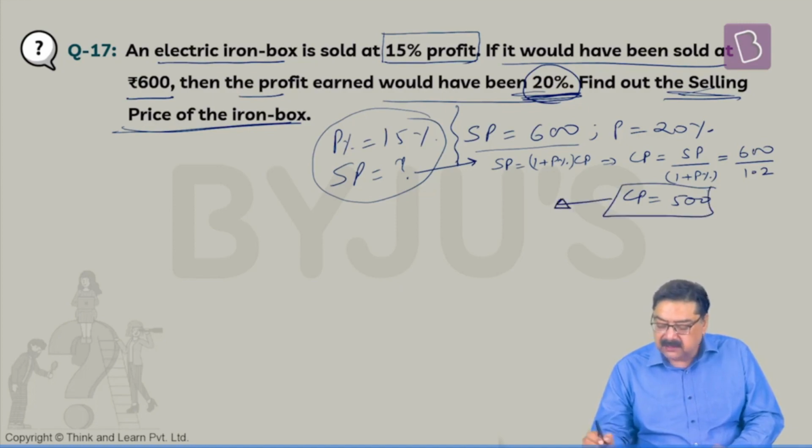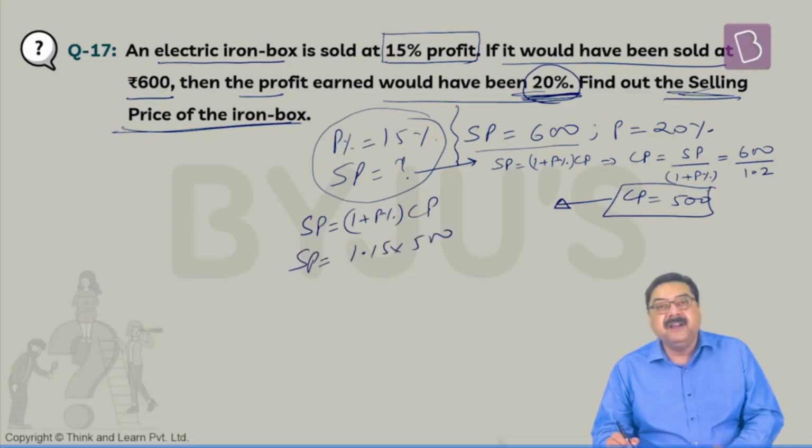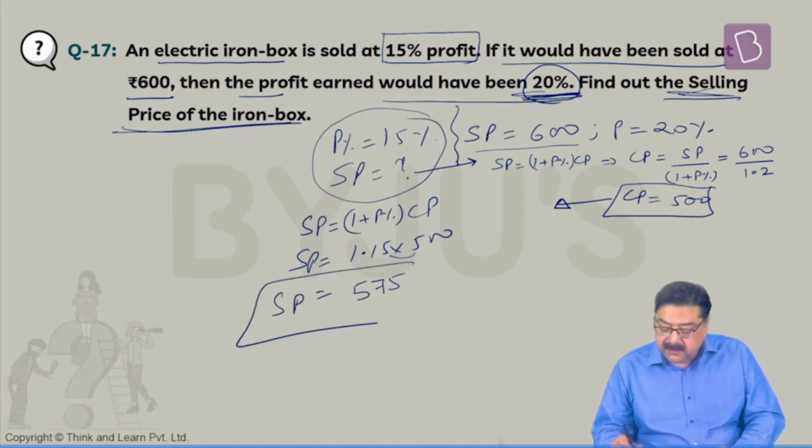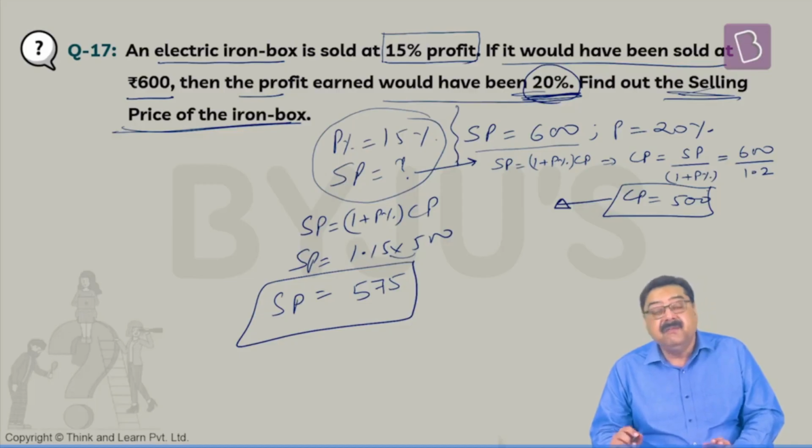Now let us use here. Selling price is 1 plus profit percent into CP. So selling price here will be 1.15 into 500. Quite simple to multiply also. 5 fives are 25, 5 ones are 5, plus 2, 7, and 5 ones are 5. That is 575. So the original selling price should have been 575.